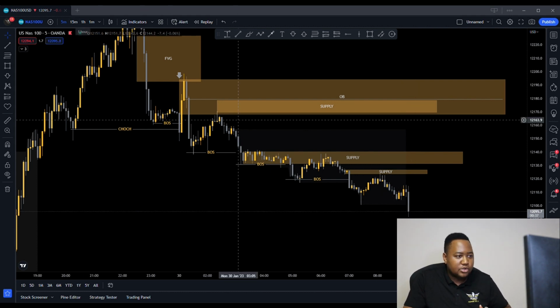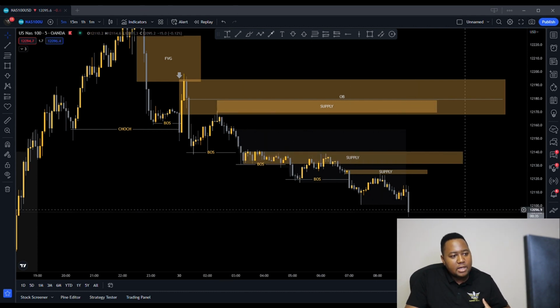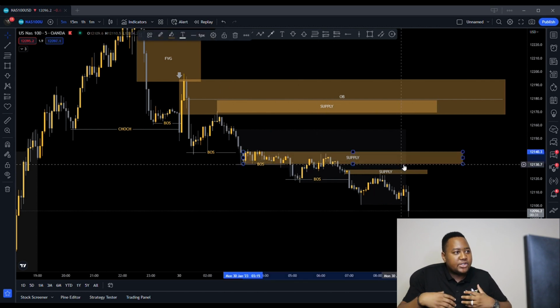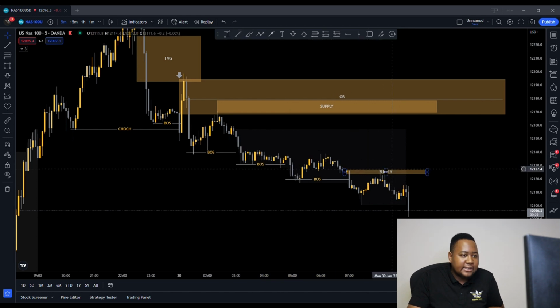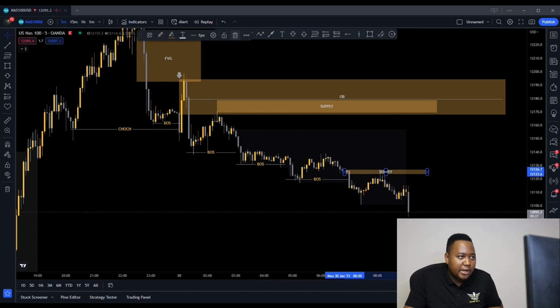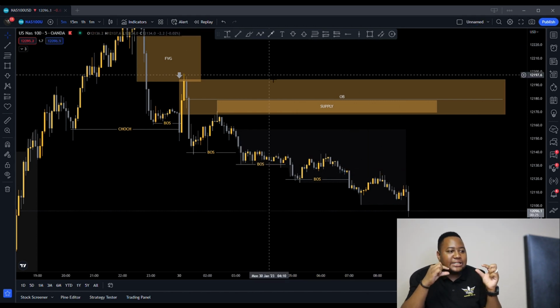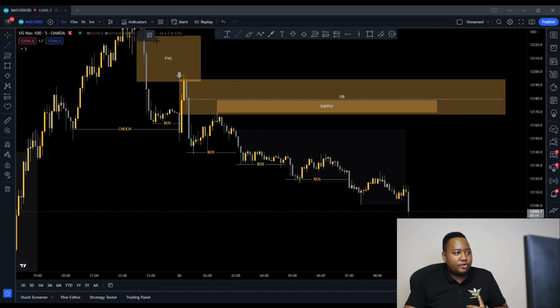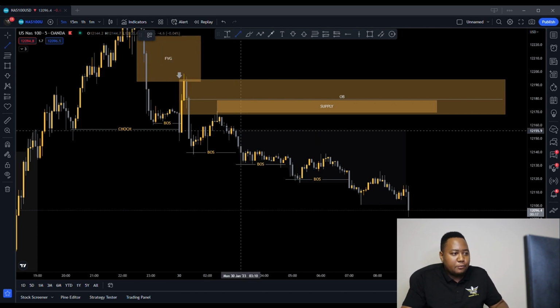Okay, but of course I believe that the market may use all of this as liquidity. Basically, there's a trick that I use: when a trend is creating smaller impulses, it means it's going to break that trend. And of course, to us as smart money, that will be liquidity.